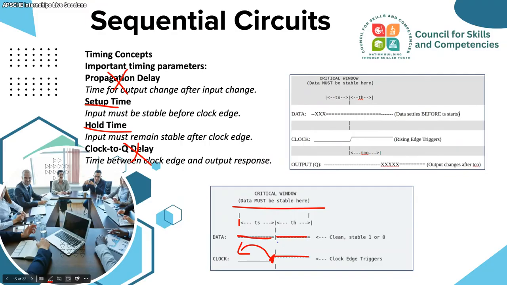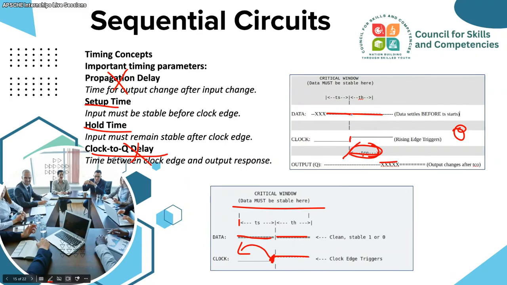The data needs to be held for some time so that, during the clock edge, since the data is maintained, the output will come. The output will change, but it will take some time to take effect. That time is the clock-to-Q delay.